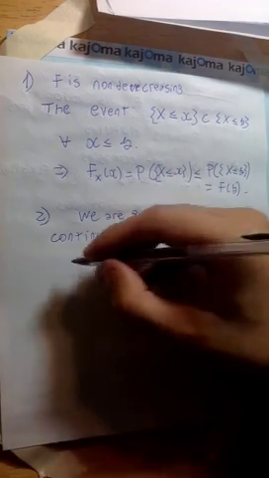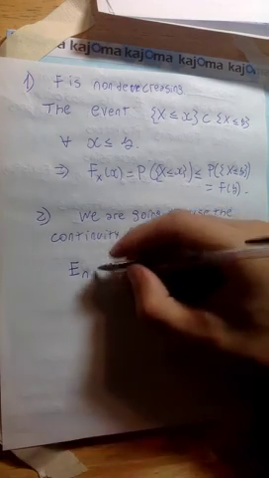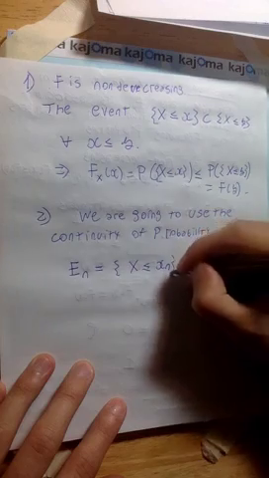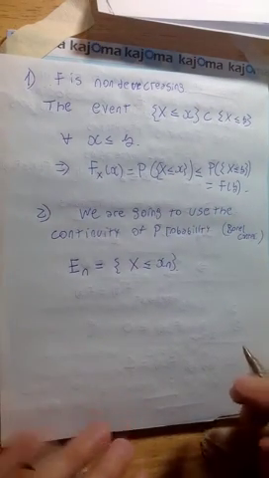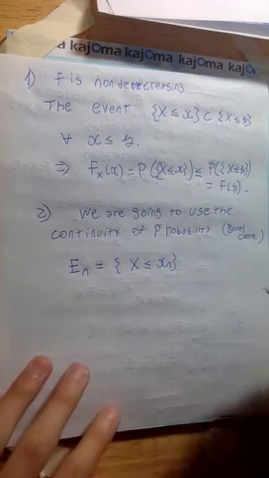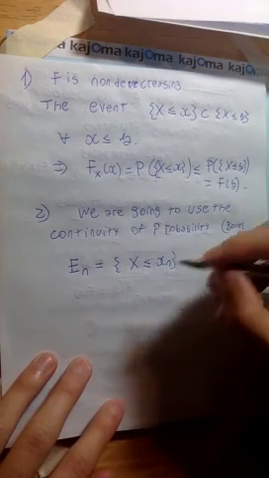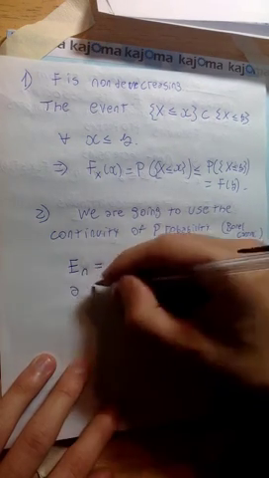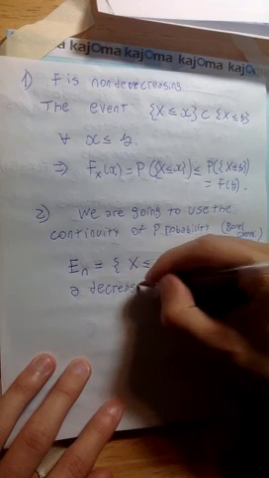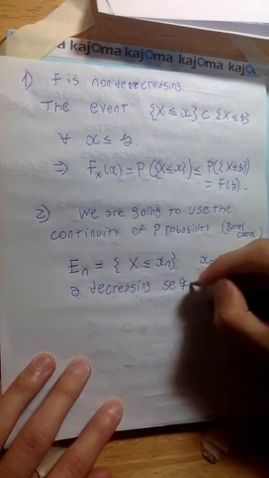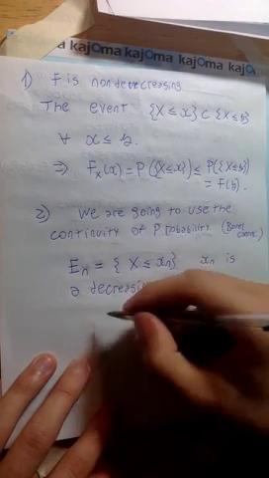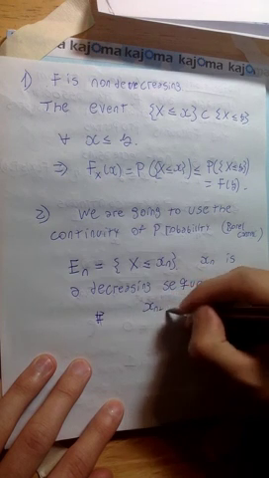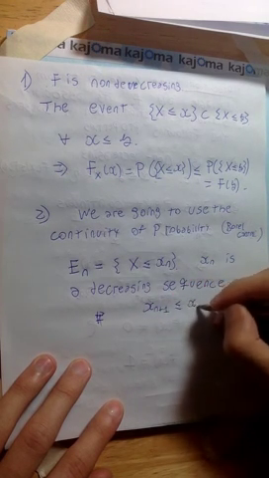So we consider En, which is the event that X is less or equal than xn. So if we have that xn is a decreasing sequence, what does it mean? xn plus 1 is less or equal than xn.